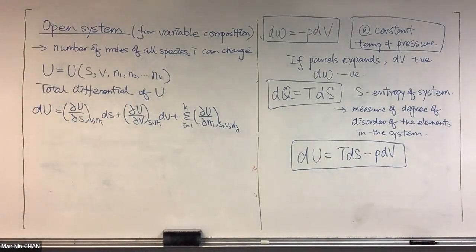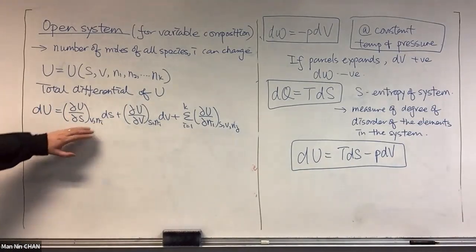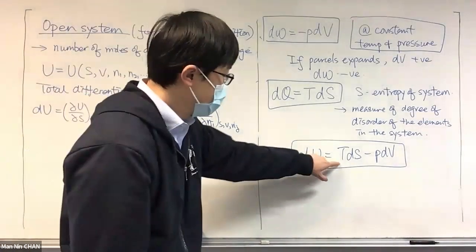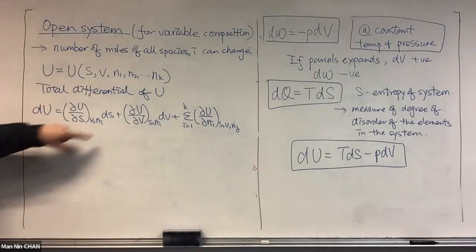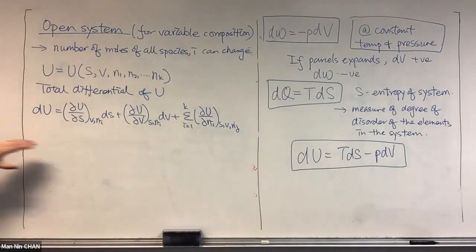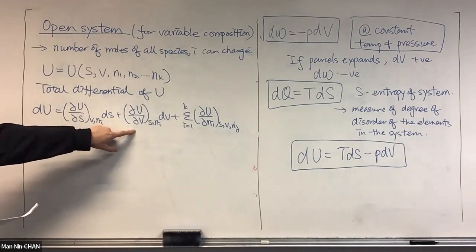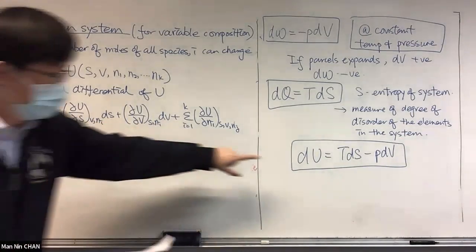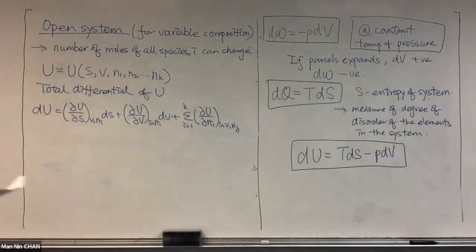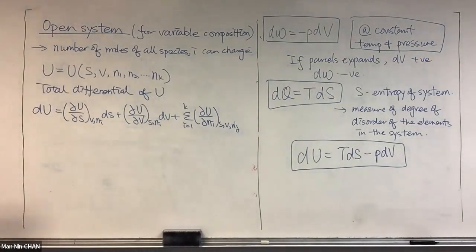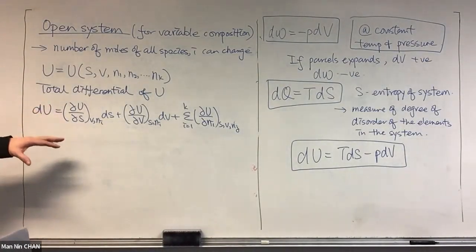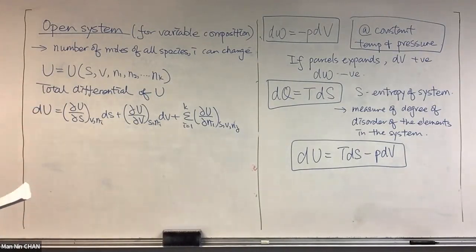And then if you compare to the terms here, you can find that this term will be equal to your temperature, and this term will be equal to your pressure. Now go back to a closed system. What does that mean?